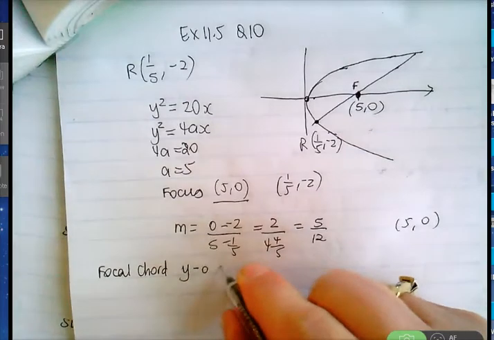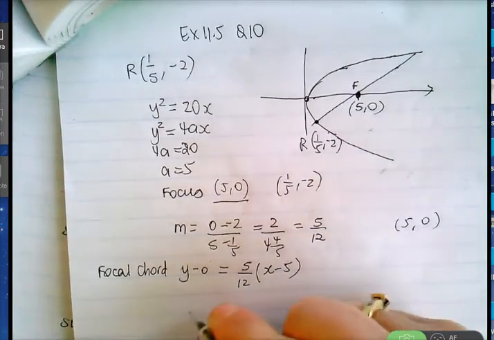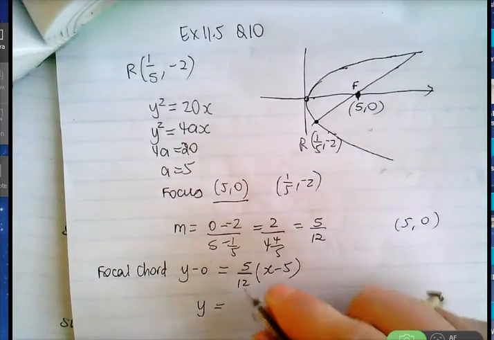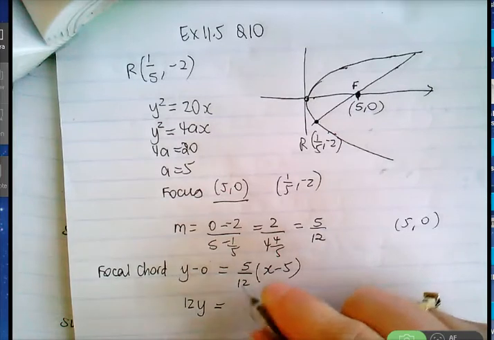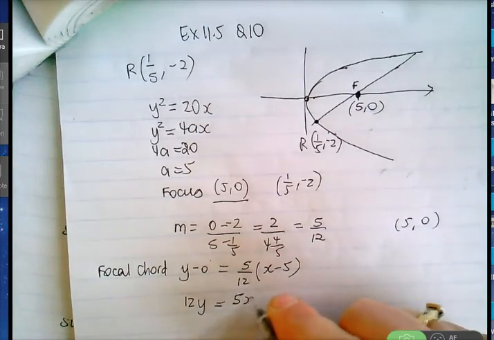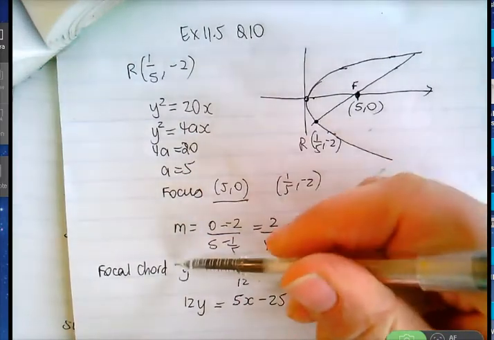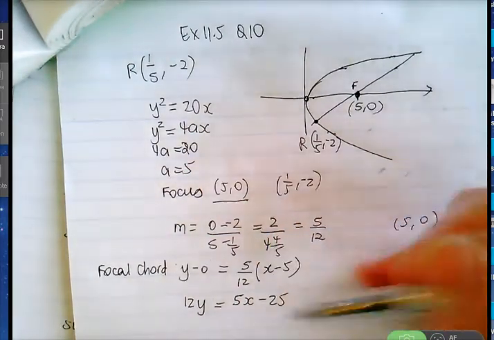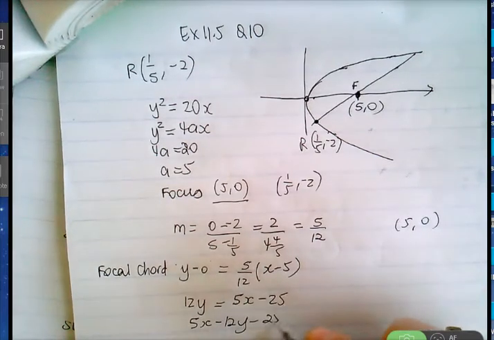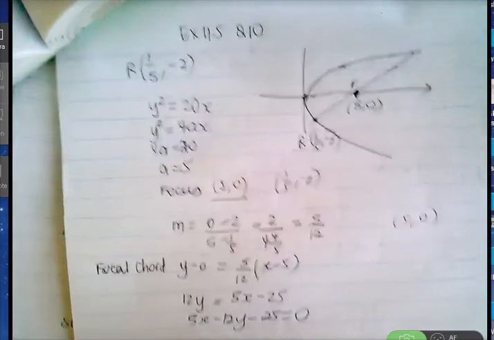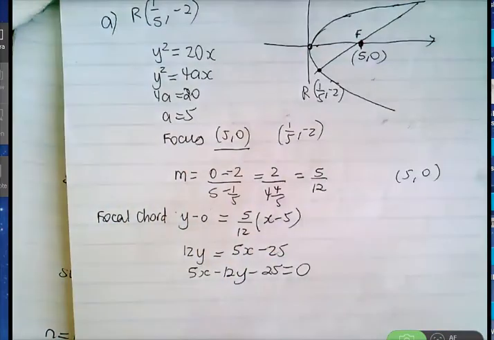So y minus 0 equals the gradient m times (x minus 5). I'm going to take that 12 over there, so we get 12y equals 5x minus 25. So you get 5x minus 12y minus 25 equals 0. That's the equation of the focal chord in general form.